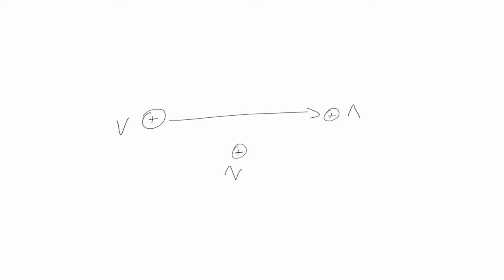Now, what if you had an impulse that's going like so? Notice how the general direction of this wave is still towards this electrode. So you would still have a positive deflection, but then it's not quite going straight at it, and so the amplitude of the positive wave would be slightly lower.